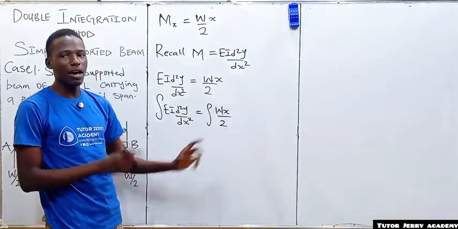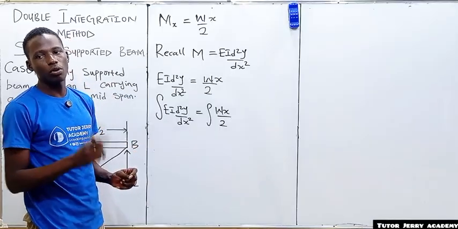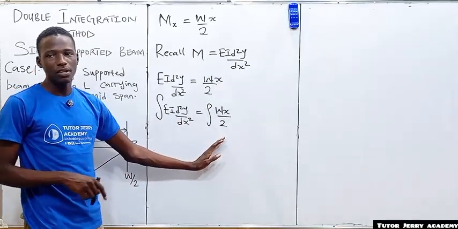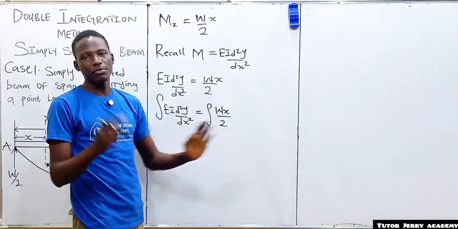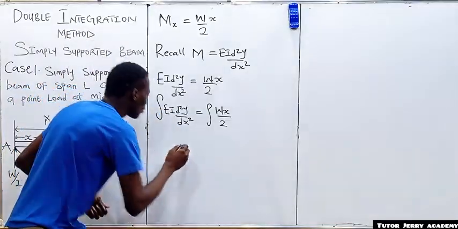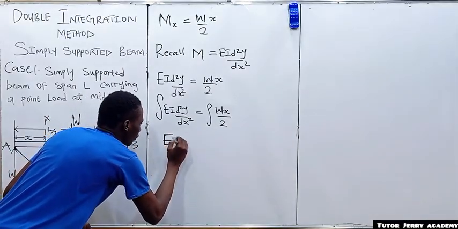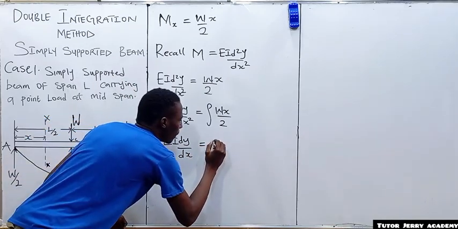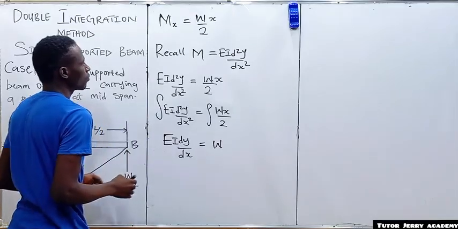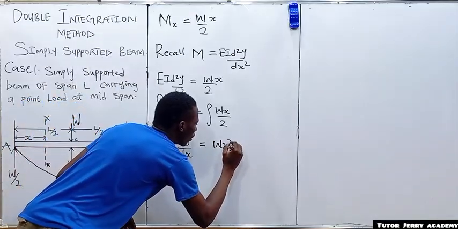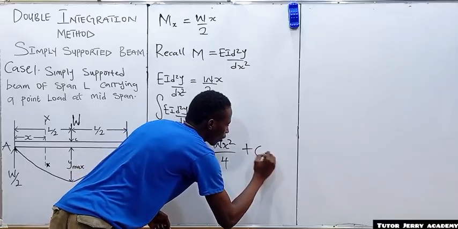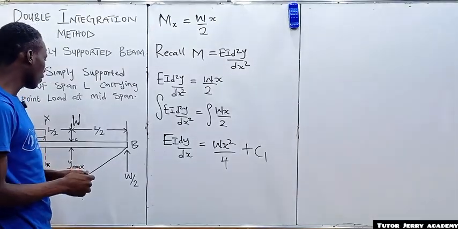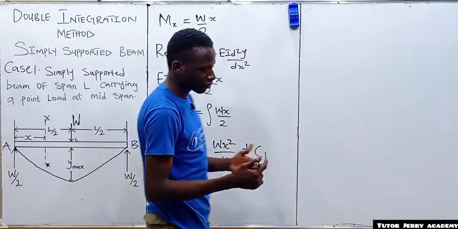If you integrate x over 2, you have x to the power of 2 over 2, that is, it will give us x squared over 4, because 2 multiplied by 2 is 4, plus C1, where C1 is our constant of integration. So this will be EI dy over dx equal to Wx squared over 4 plus C1, where C1 is the constant of integration.